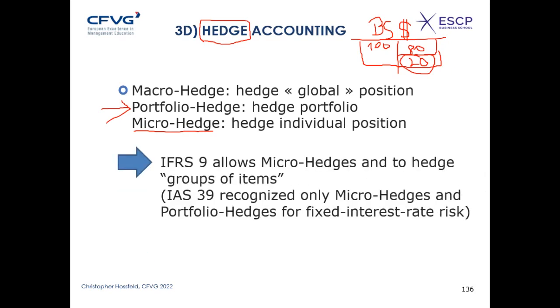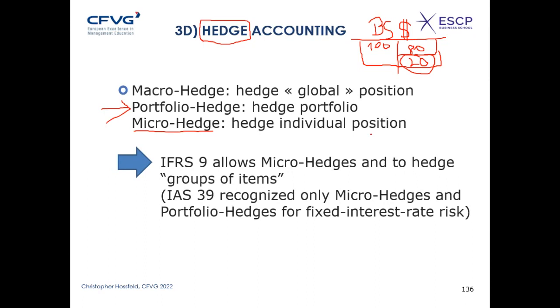Okay, and what is allowed? Well, in IFRS 9, I can do micro hedging and I can hedge groups of items, which is something close to a portfolio hedge. So roughly, we can say that IFRS 9 allows a micro hedge and portfolio hedge, but no macro hedge.